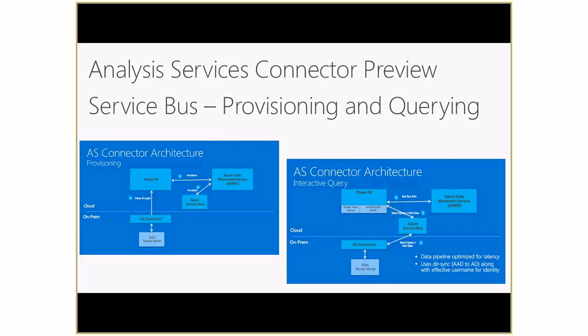It's pretty hard to see, but basically this box here, if you've got Active Directory with DirSync, you can use this Azure Service Bus, and that's what handles the request to your on-prem data, and that's why you can use row-level security with Active Directory.